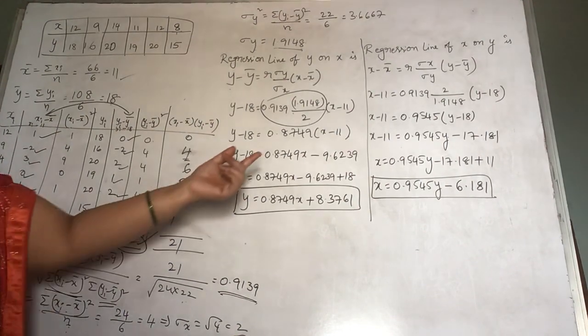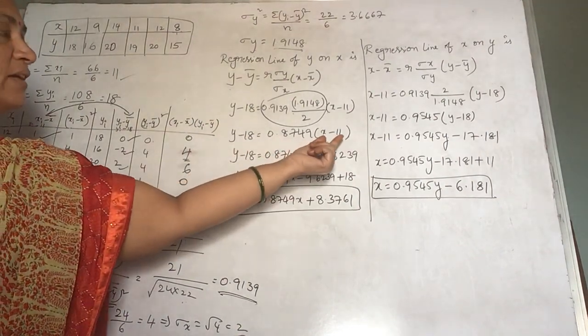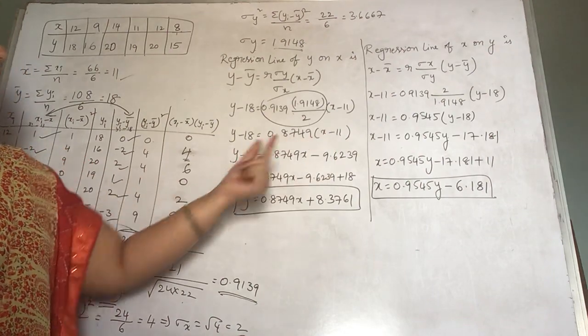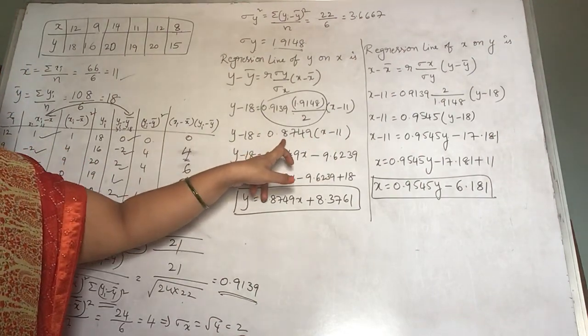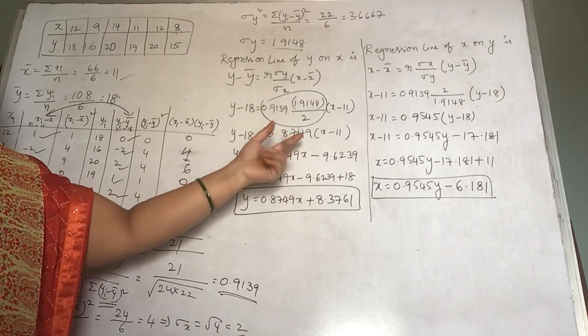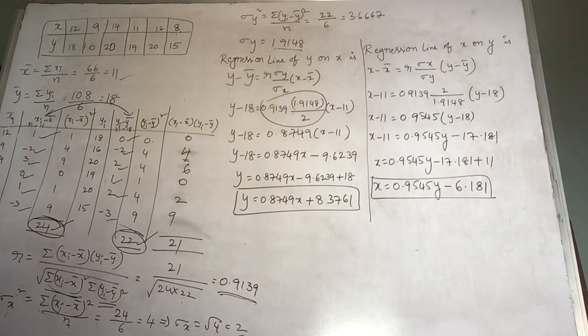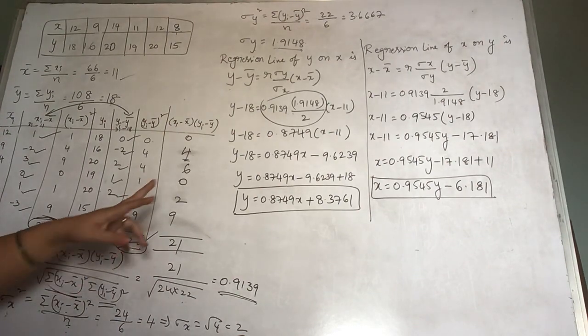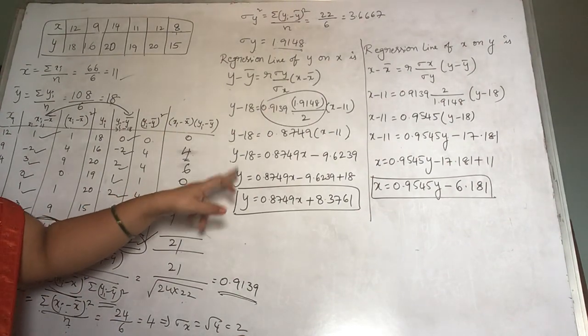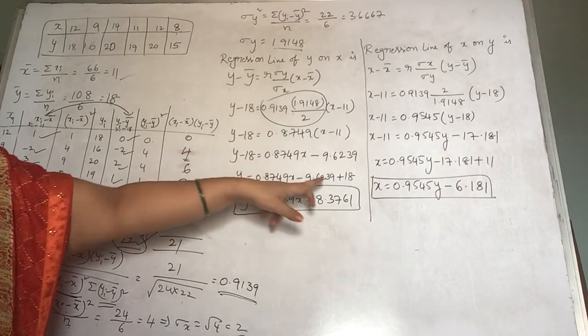After that, we multiply the (x minus 11) with 0.8749. 0.8749 into x minus 0.8749 into 11, we get 9.6239. So from this we have to find y. That means we convert minus 18 to the right side, we get plus 18.